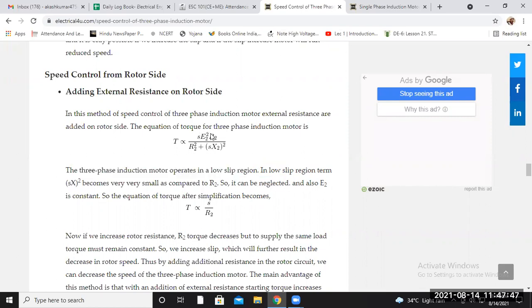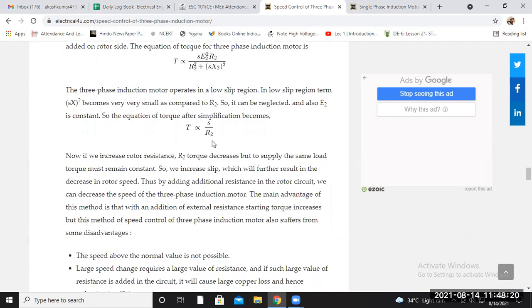If E2 is maintained constant and the slip has a very small value, then squaring it reduces it further. For example, if you square 0.3, a higher reduction will be there. So using this concept, you will get the torque equation in this format, that is, torque is proportional to C upon R2.